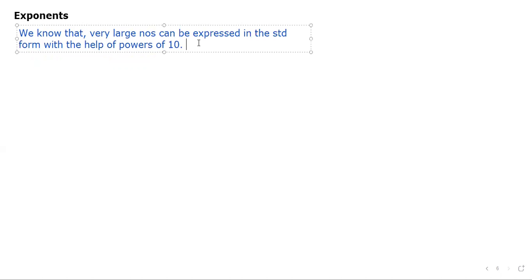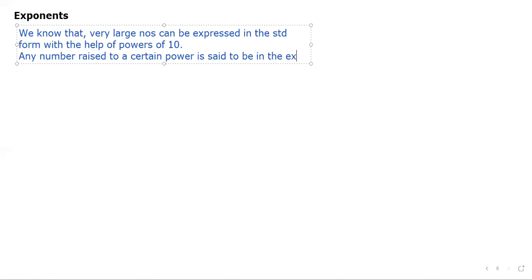Any number raised to a certain power is said to be in the exponential form.